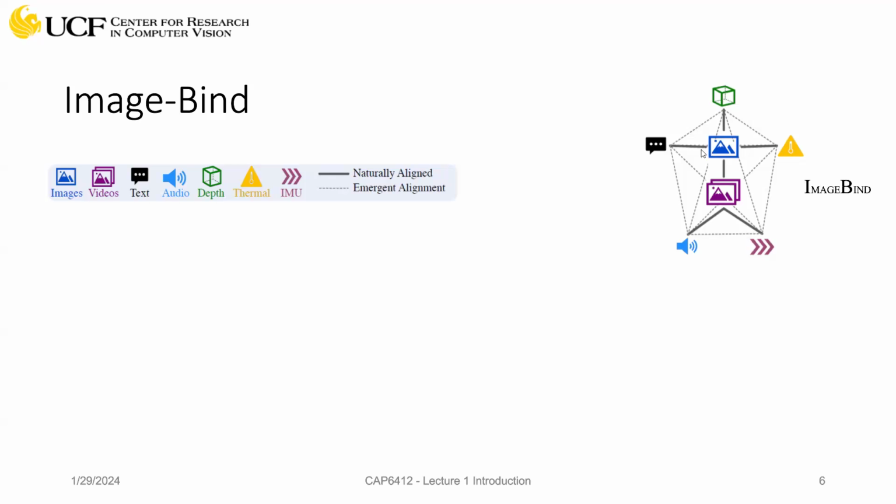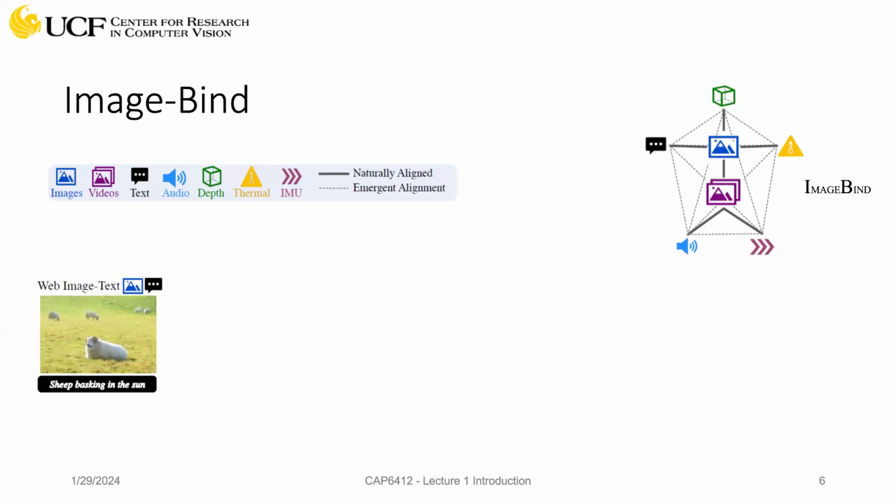So these dark lines are the naturally aligned pairs, and these broken lines are emergent alignment, because we are aligning everything with the image. Since text is aligned with the image, text will also be aligned with depth. Since the image is aligned with thermal, thermal will align to IMU, and so on. Which is pretty interesting, right? A very interesting idea.